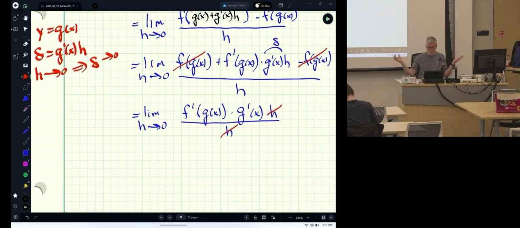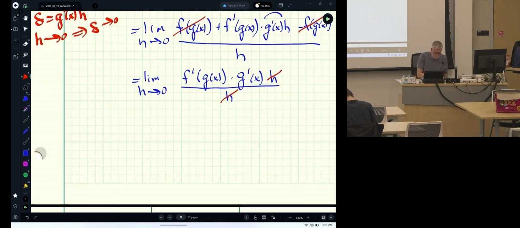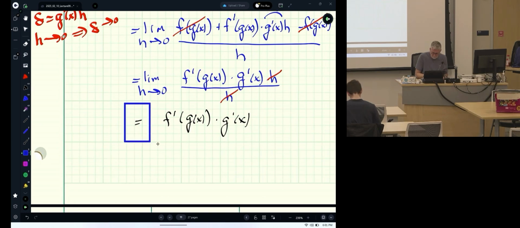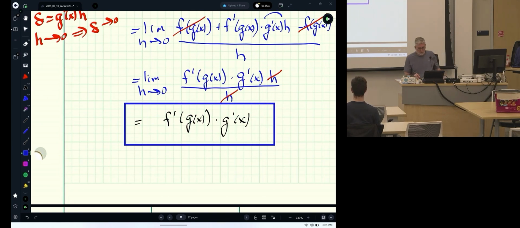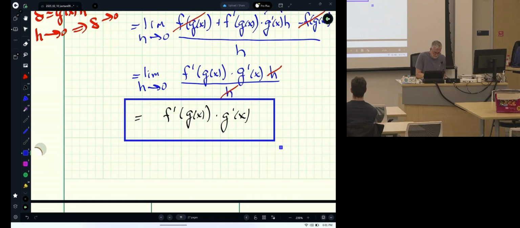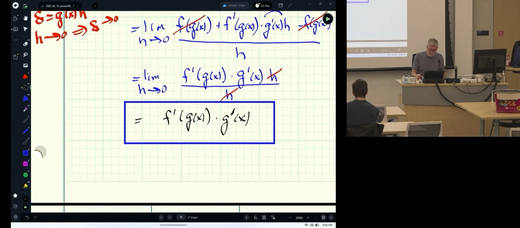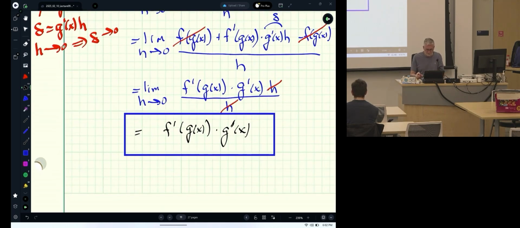And those cancel, and our limit is now trivial to evaluate. Okay, so that's the chain rule. You differentiate the outside function, plug the inside function in, and then multiply by the derivative of the inside function. That's the chain rule.